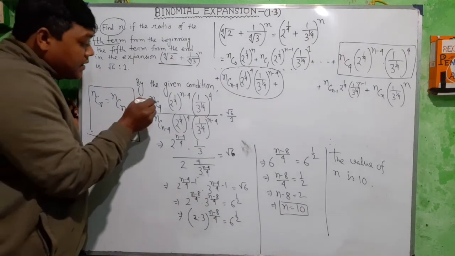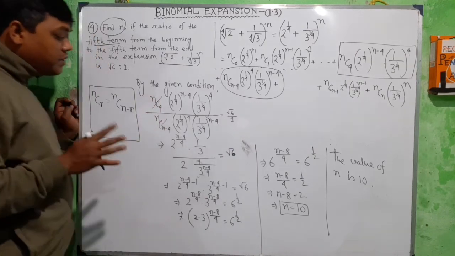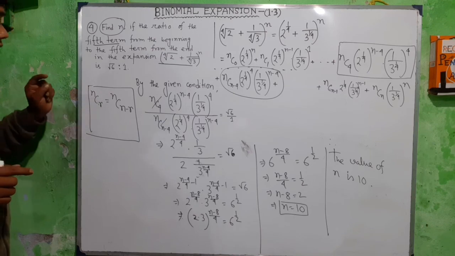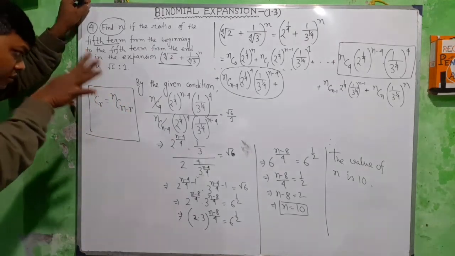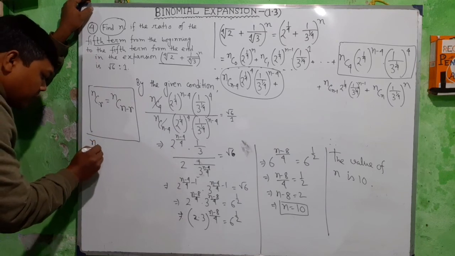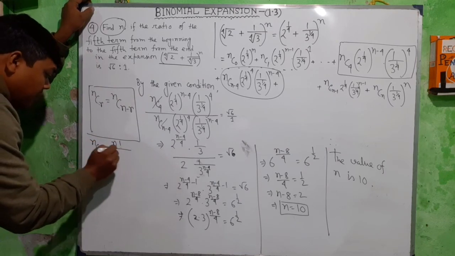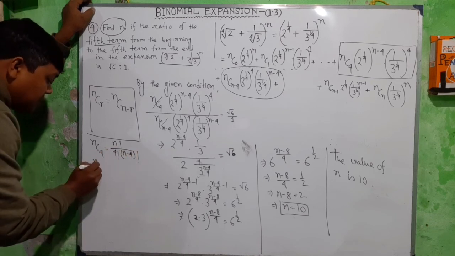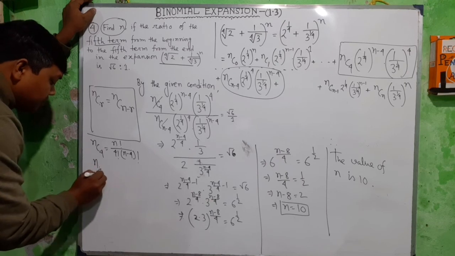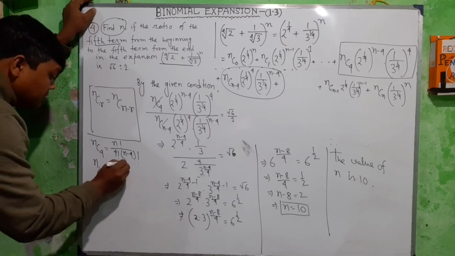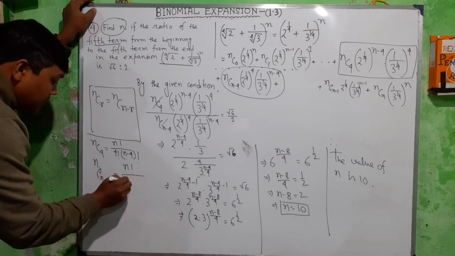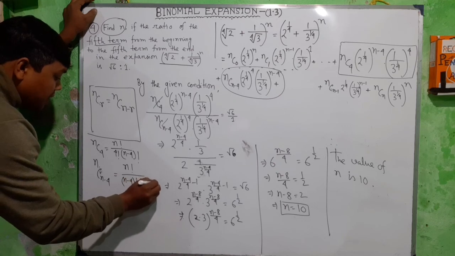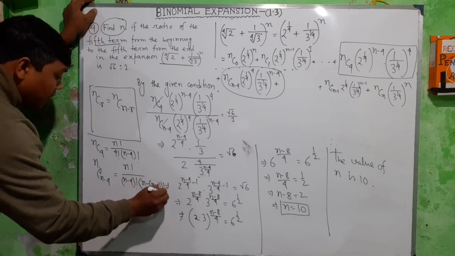I have cancelled nC4 and nC(n-4) because we know the result nCr and nC(n-r) both are the same. If any confusion arises, I have to calculate nC4, which is factorial n by 4 factorial into (n minus 4) factorial, and nC(n-4) is factorial n by (n minus 4) factorial into (n minus (n minus 4)) factorial.